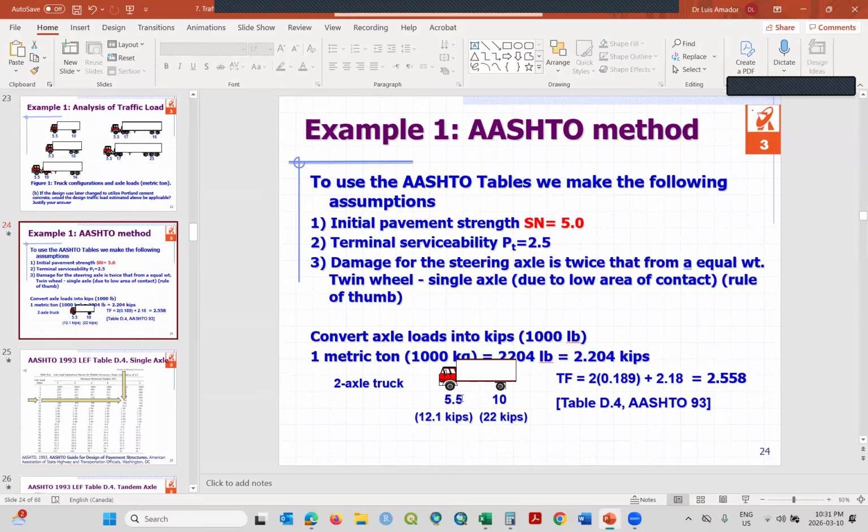So this axle produces 0.189 units of damage, but it's a steering wheel, so it produces twice the amount of damage.